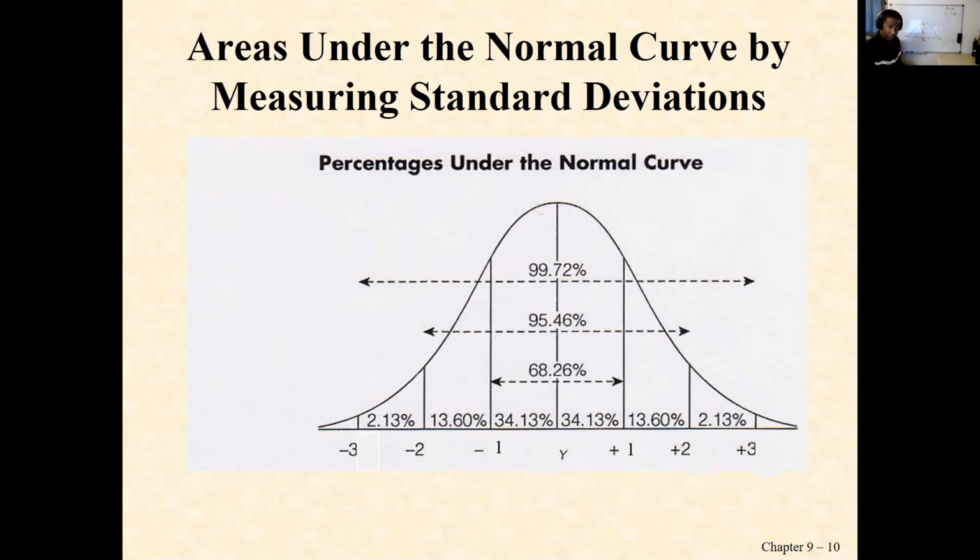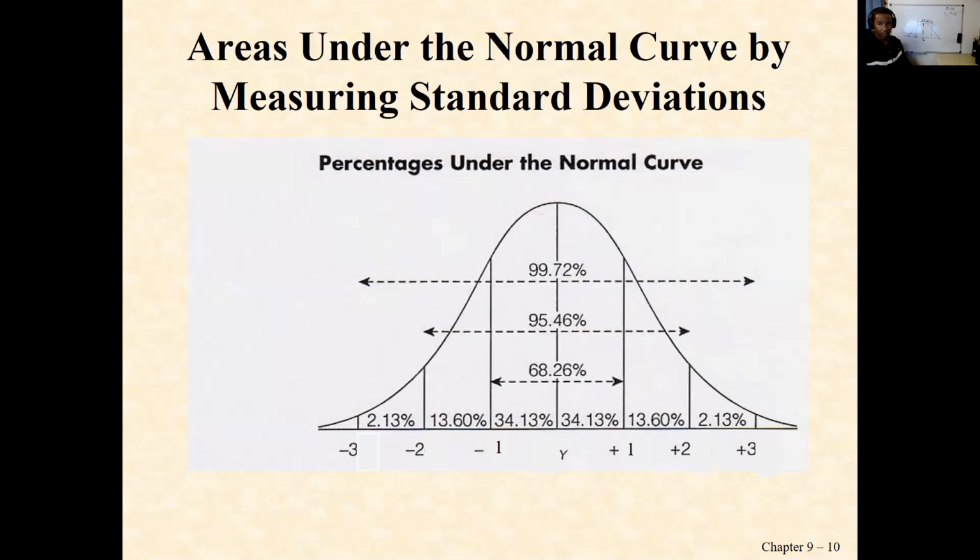One of the ways that we're able to do this is because we know that 68.26% of all the cases in the distribution, in this theoretical normal distribution, are going to fall within one standard deviation above and one standard deviation below.